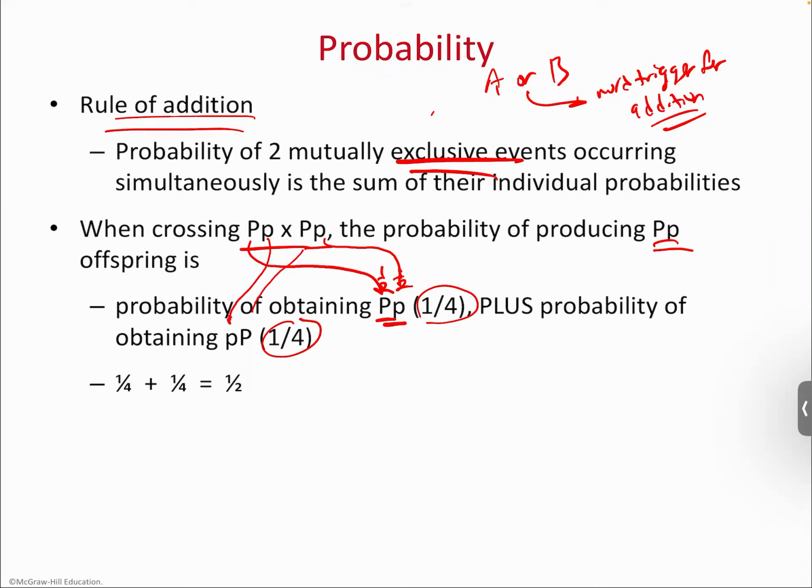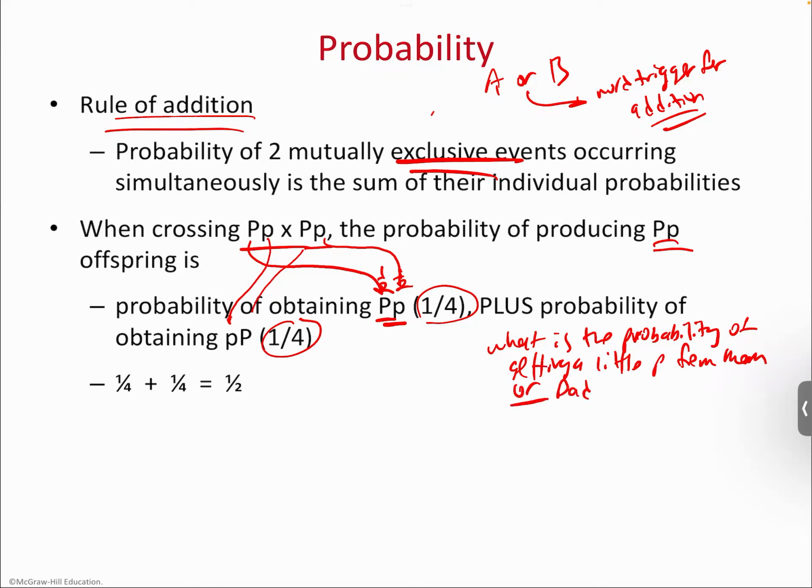So notice what you're asking for. Here's your either or statement. What's the probability of getting a little p from mom or dad?